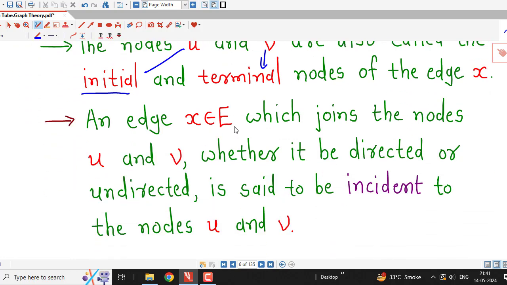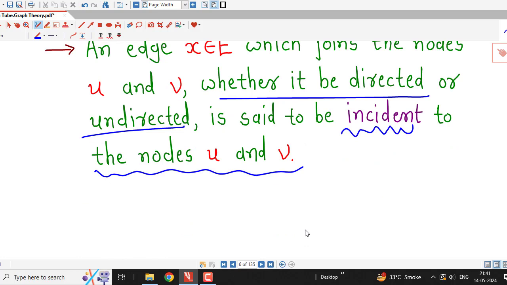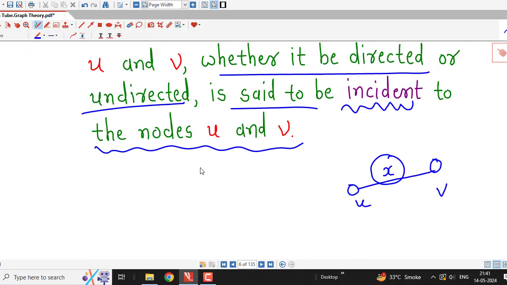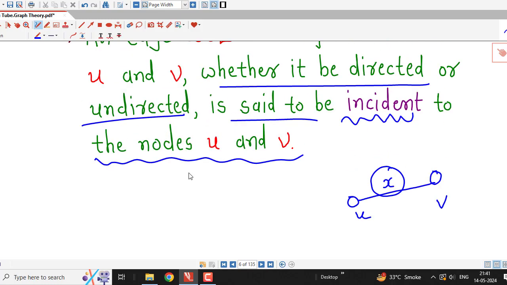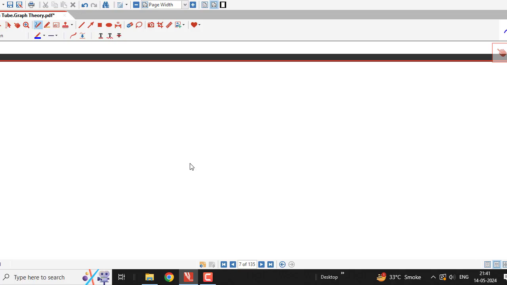An edge X belonging to E which joins the nodes U and V, whether it be directed or undirected, is said to be incident to the nodes U and V. If there is an edge between two vertices, then that edge X is said to be incident to the nodes U and V. So in this way we will be discussing these different concepts of graph theory in upcoming lectures.